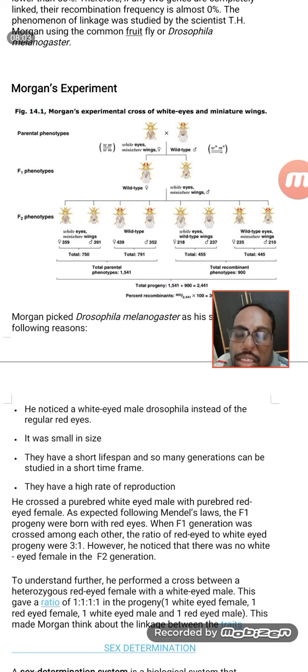And their size is very small, so we can grow them inside a bottle, or when we tie some bananas on the corner of a room, they can grow very fast. So this is the main reason why they chose Drosophila as an experiment material.